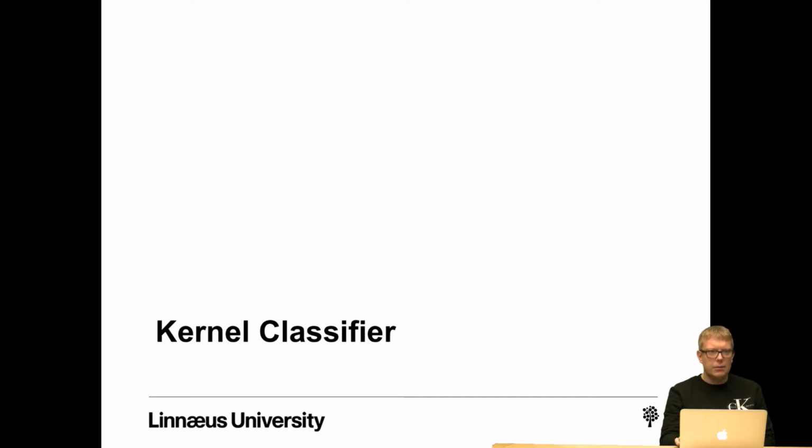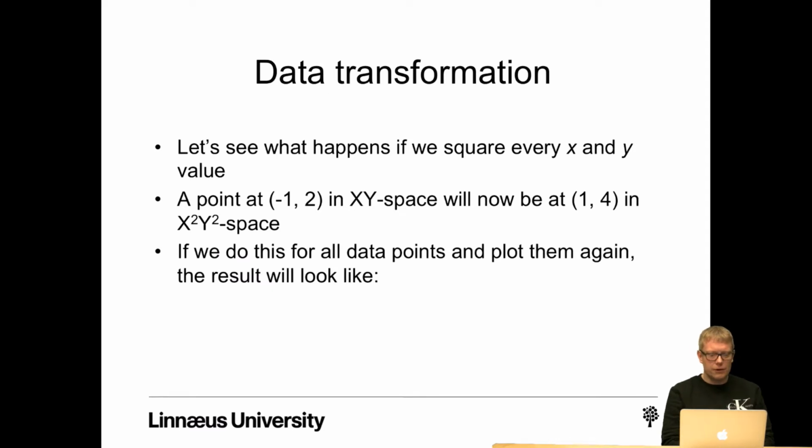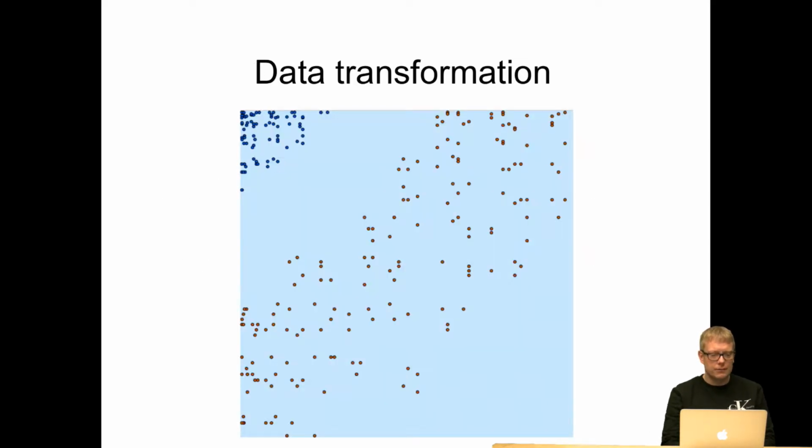And the whole idea behind this is data transformation. So let's see what happens if we square every x and y value in the dataset. A point at -1, 2 in xy space will now be at 1, 4 in the x², y² space. And if we do this for all data points and plot them again, the dataset will look like this.